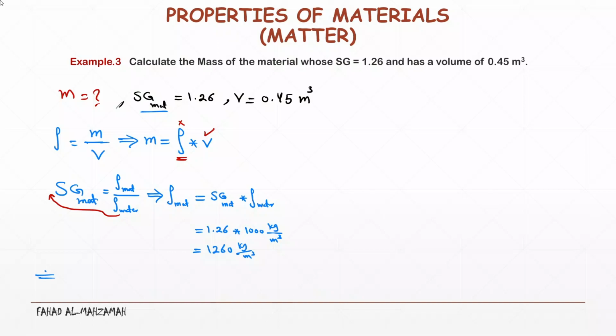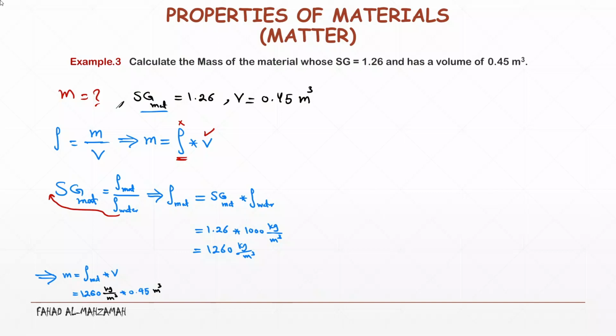Therefore, now we can substitute: M is equal to rho of the material multiplied by the volume, and rho is equal to 1260 kilogram per cubic meter, times the volume, which is given as 0.45 cubic meter.